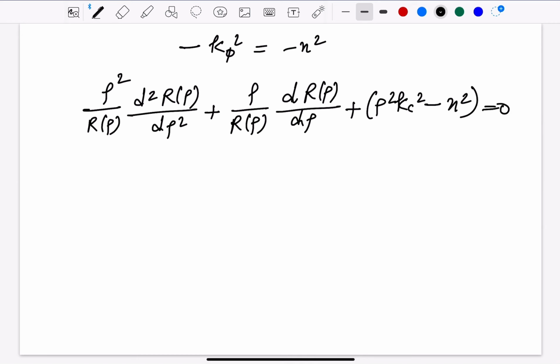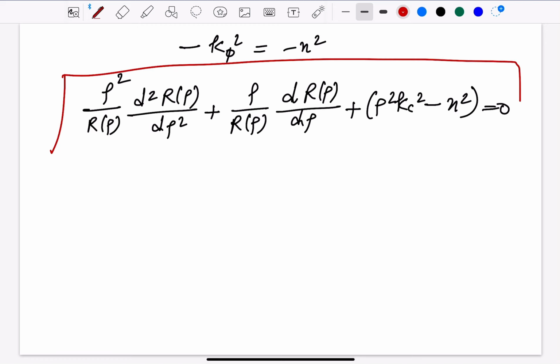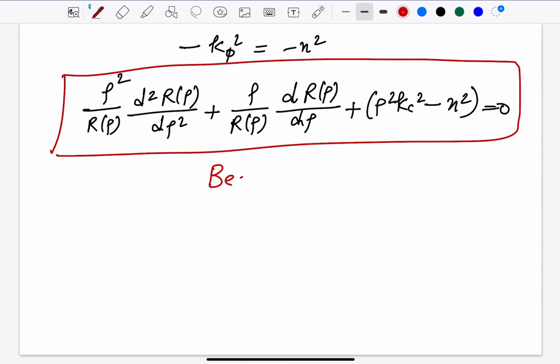Fine. Now this differential equation is somewhat special, and this form is popularly known as Bessel's equation, and the solution is known as the Bessel functions.